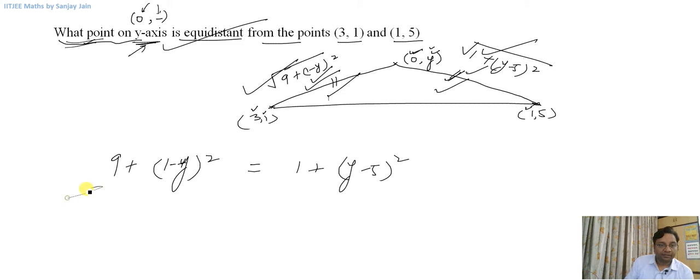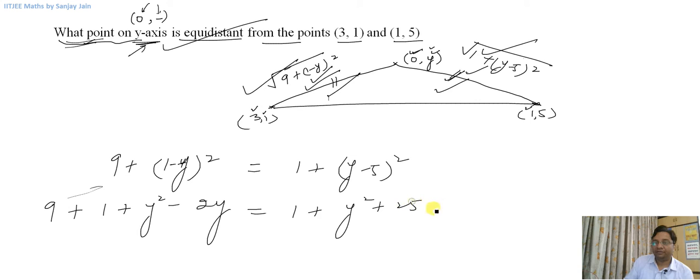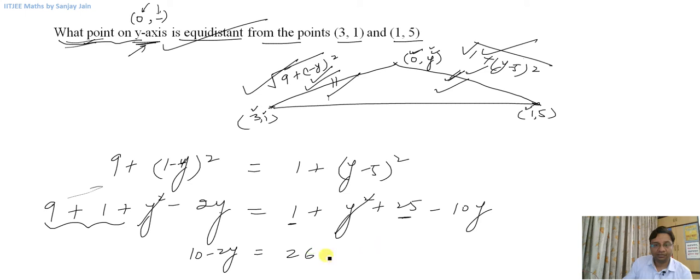Okay, so let us simplify this further. 9 plus 1 plus y squared minus 2y will be equal to 1 plus y squared plus 25 minus 10y, right? Y square, as you can see, can be cancelled, and here I've got this 9 plus 1 equal to 10 minus 2y. On the right hand side I've got 25 plus 1, 26 minus 10y, right?